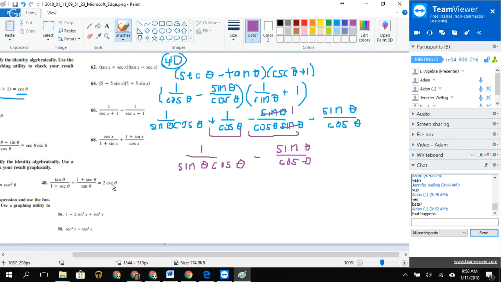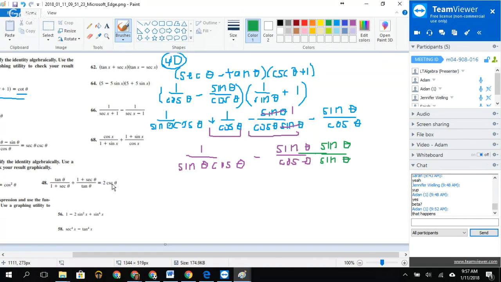Right? I do everything right so far? I'm just double checking here. Yep. Okay. So how am I going to combine these terms together? I have 2 different denominators, right? I have the sine of theta, cosine theta, and I have the cosine of theta. So what if I multiply the second term by the sine of theta over the sine of theta?